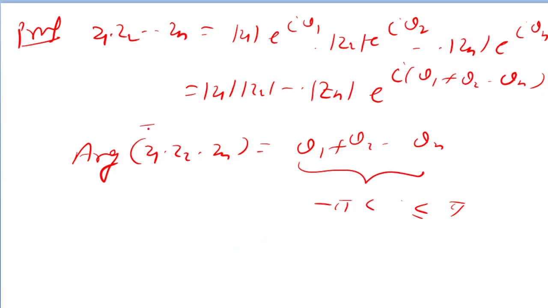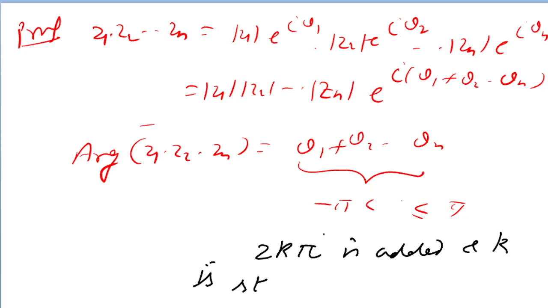So basically in this case 2k pi is added, and k is such that this particular value, theta 1 plus theta 2 up to theta n, should lie between pi and minus pi.